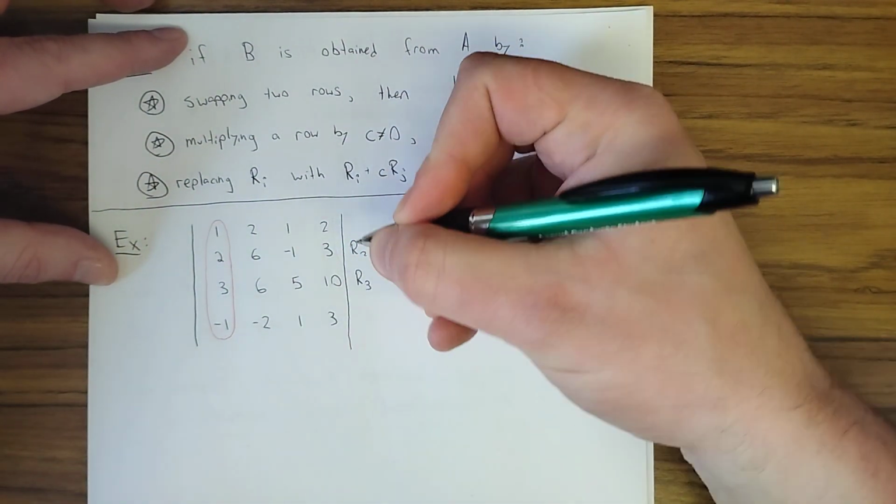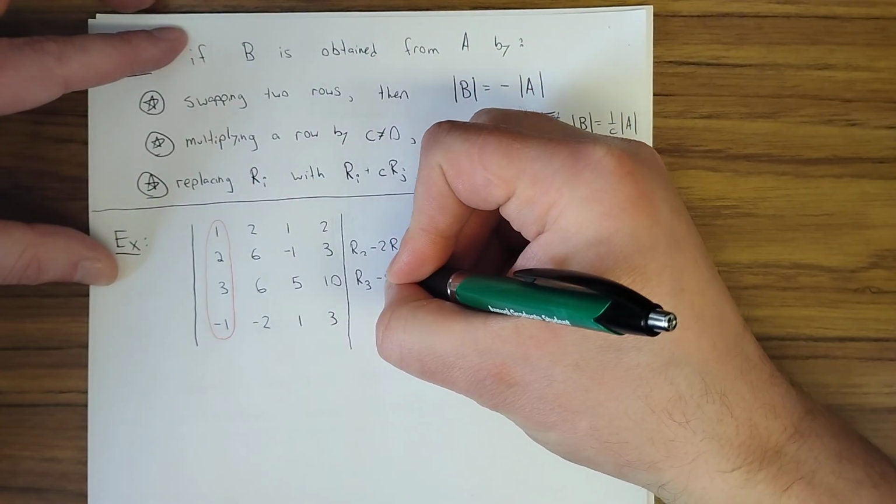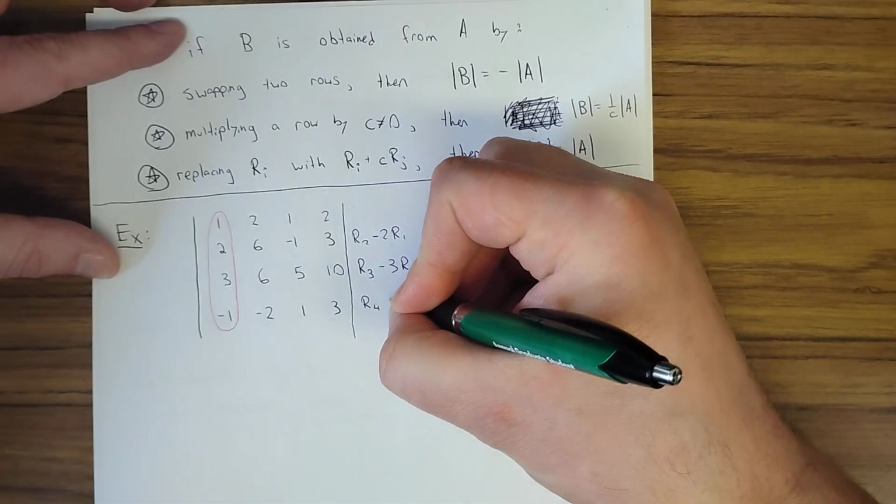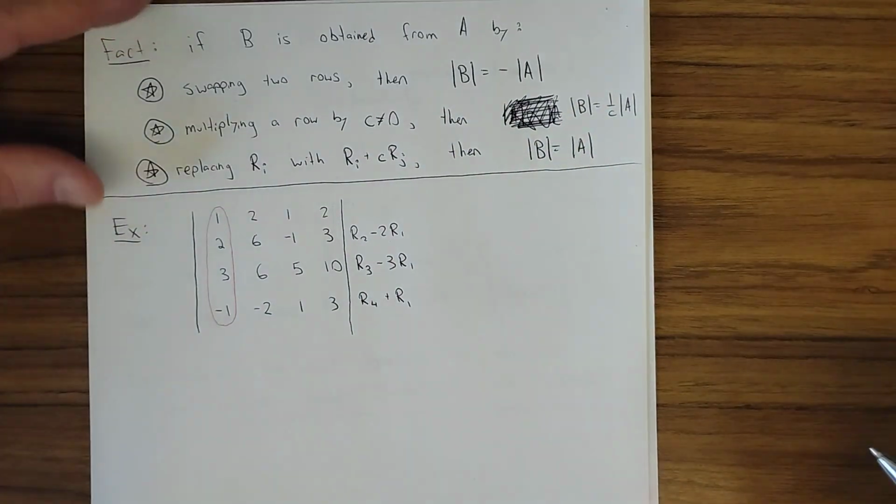So I can simultaneously do row 3 minus 3 row 1, row 4 plus row 1.